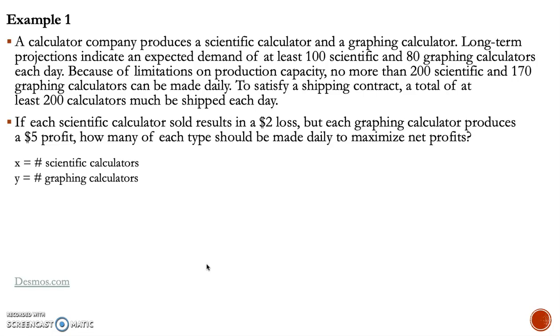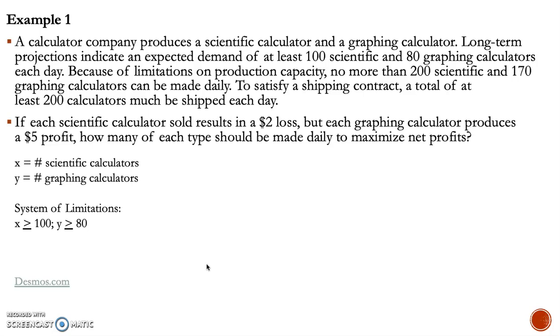Now look back into the problem to find out those limitations. It says that projections indicate a demand of at least 100 scientific calculators. So let's write a system of inequalities. That would be x is greater than or equal to 100, and at least 80 graphing calculators, so y will be greater than or equal to 80.